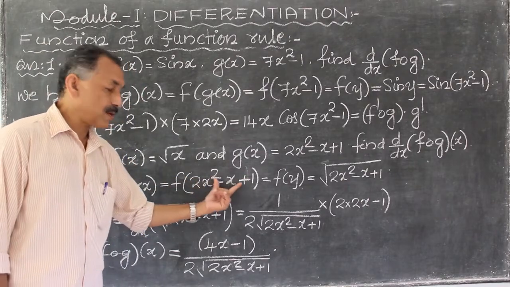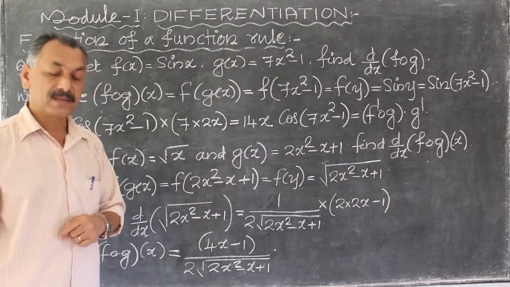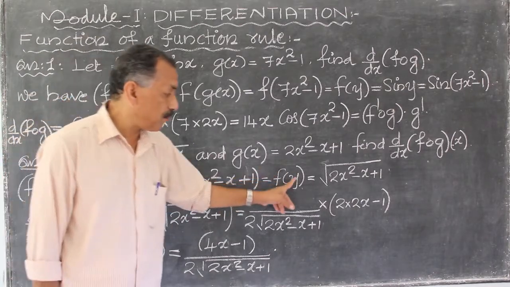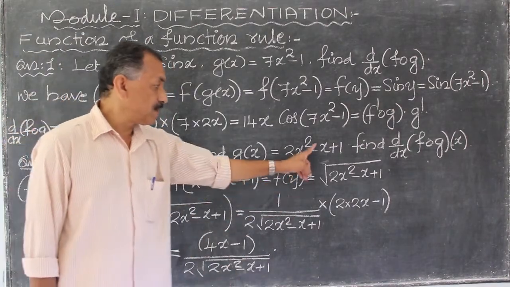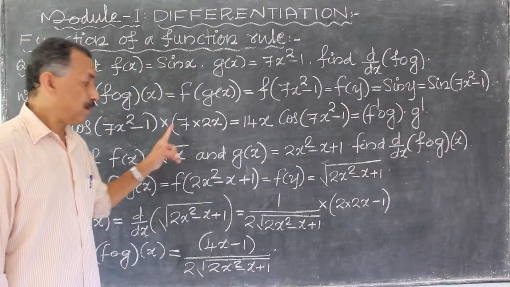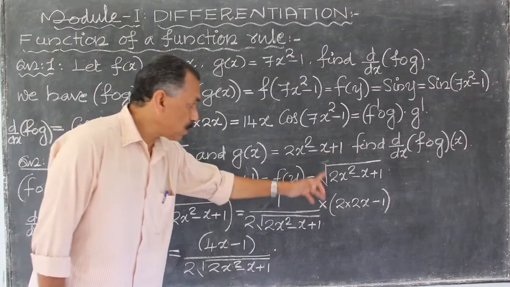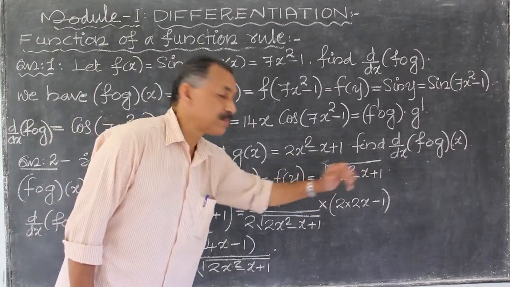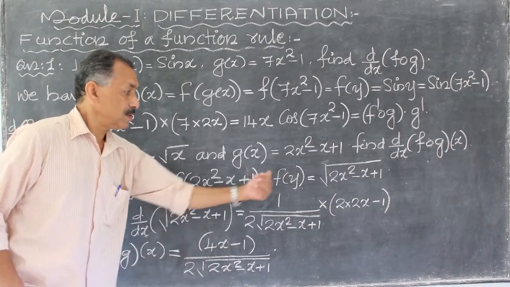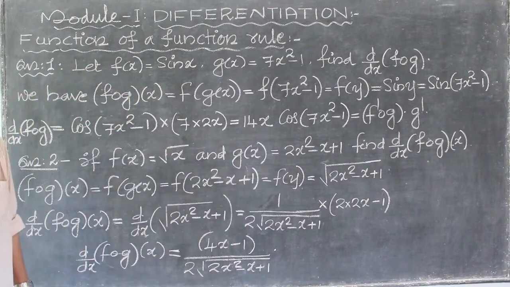Let 2x square minus x plus 1 be equal to y. Then that is f of y. f of x is root x, f of y is root y. That is the root of 2x square minus x plus 1. Okay? That is f dot g is equal to root of 2x square minus x plus 1.